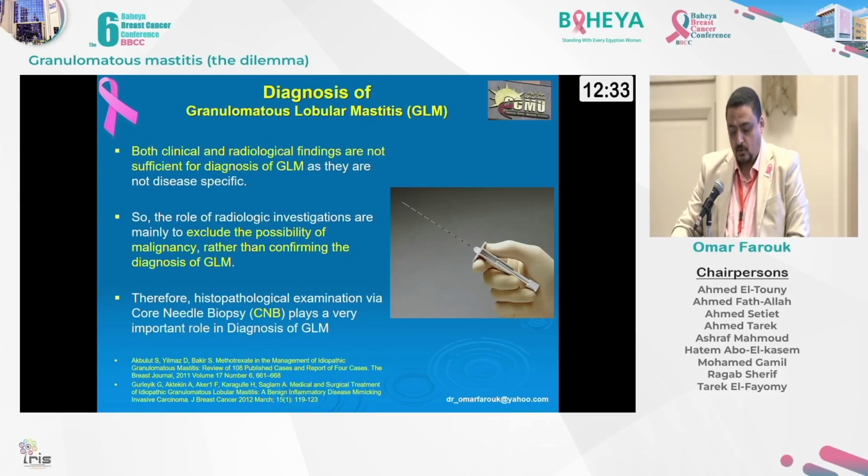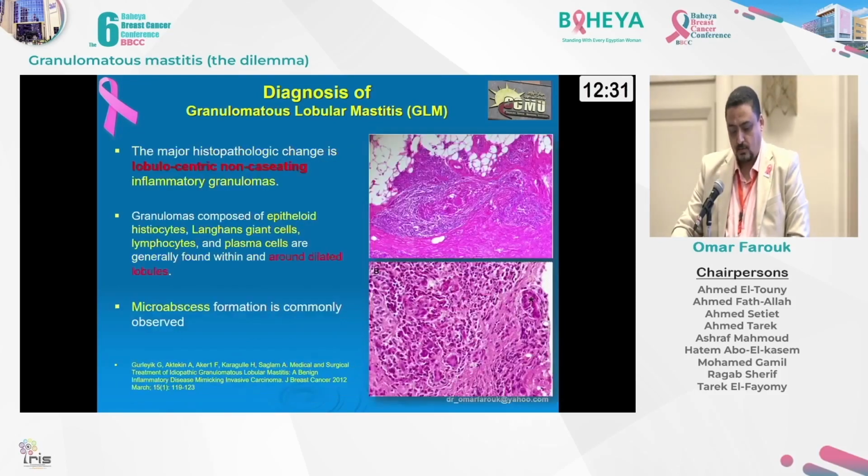And core needle biopsy plays a very important role in diagnosis. The major histopathologic change is lobulocentric non-caseating inflammatory granulomas, which differentiate it from TB mastitis, associated with microabscess formation.